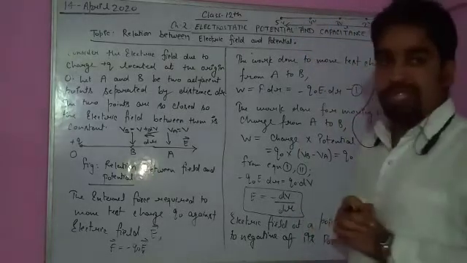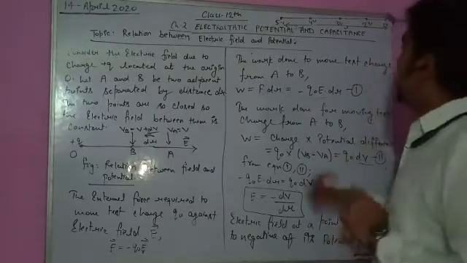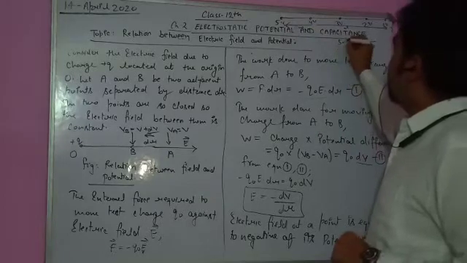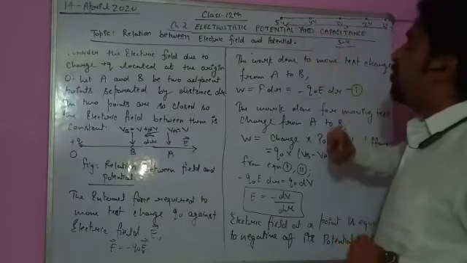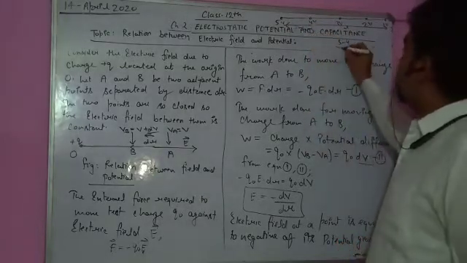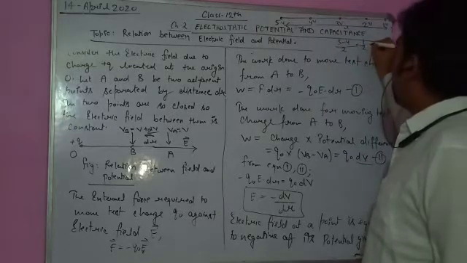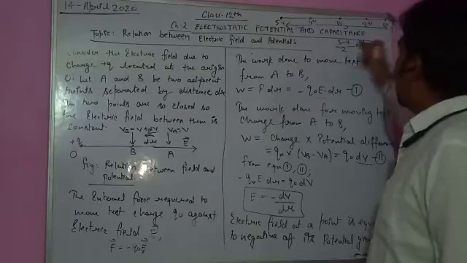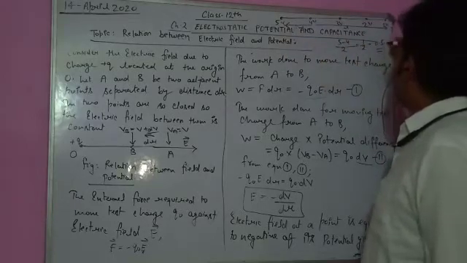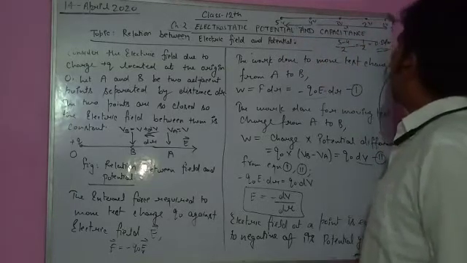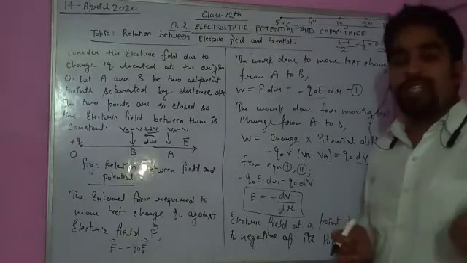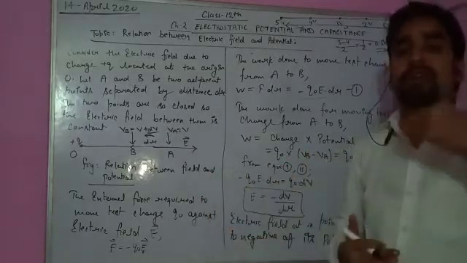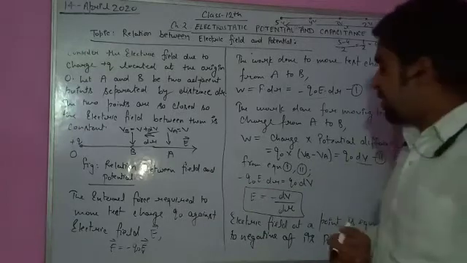So how do we calculate the potential gradient for this example? The potential difference is 5 minus 4, and the distance is 2 meter. So that will be 1 upon 2, 0.5, and it will not be in meter, it will be in volt per meter. So this is known as the potential gradient. The change of potential with respect to length is known as the potential gradient.